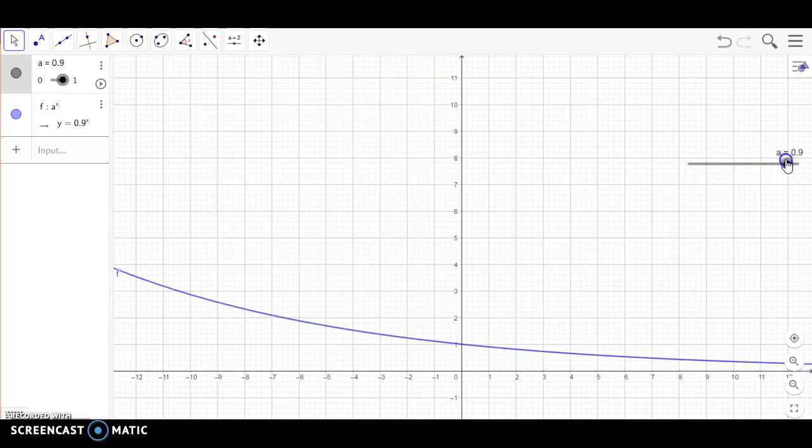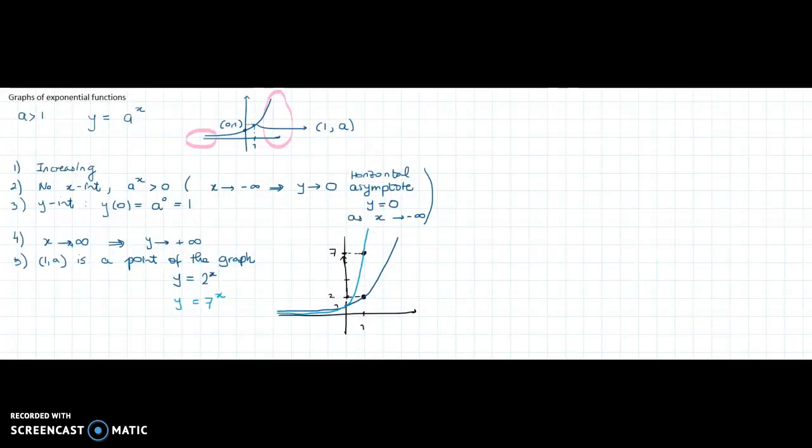So what are the properties of this function is what we want to look at now. Now we are looking at values of a that are between 0 and 1. Again, y equals a to the power of x. And again, I'm going to do a quick picture over here. We only care about what's happening in the first and the second quadrant.